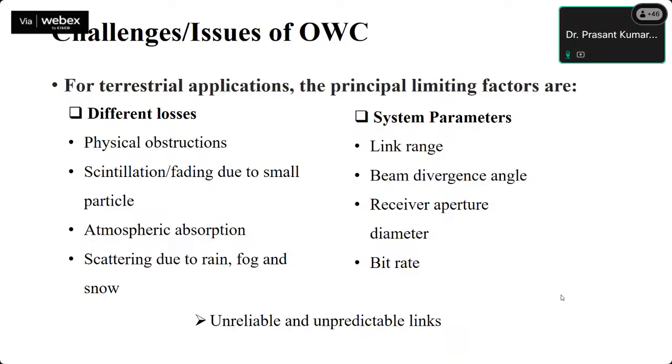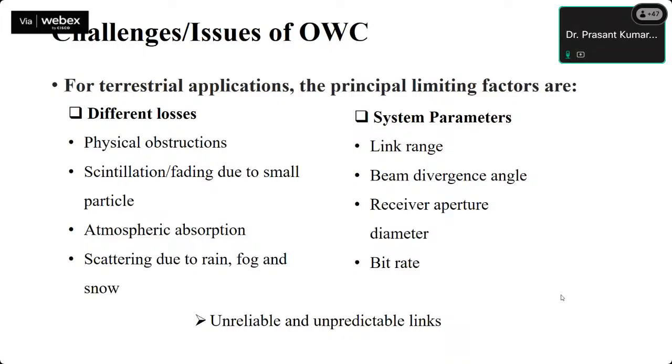When we say optical wireless, we are referring to free space, or you can say air, but when you mount these telescopes, the transmitting antenna and receiving antenna, they have to be mounted on some structures. So in between, there should be a line of sight or maybe a diffused mode.